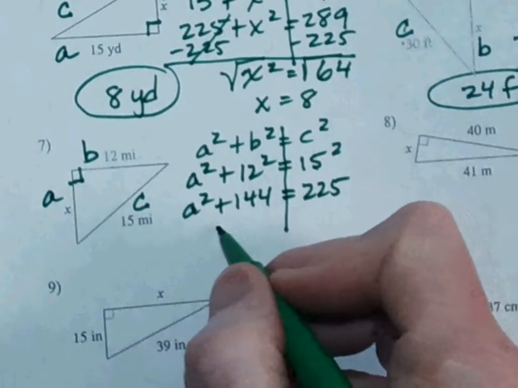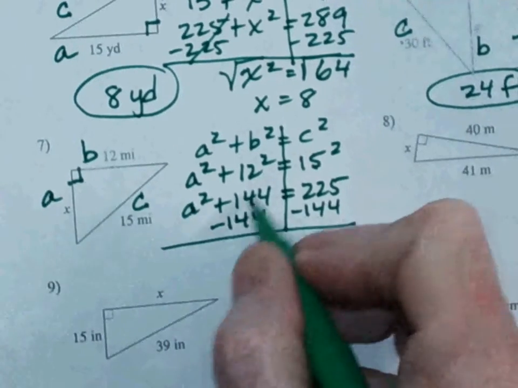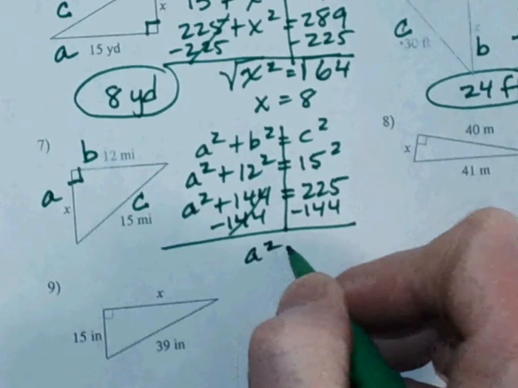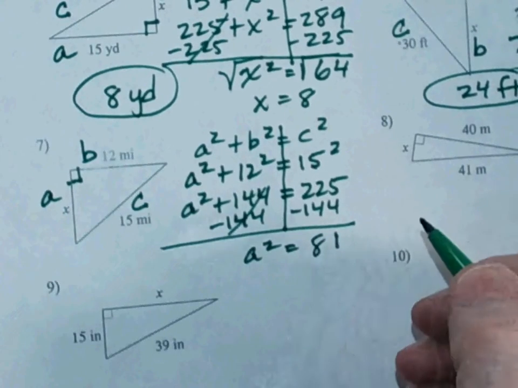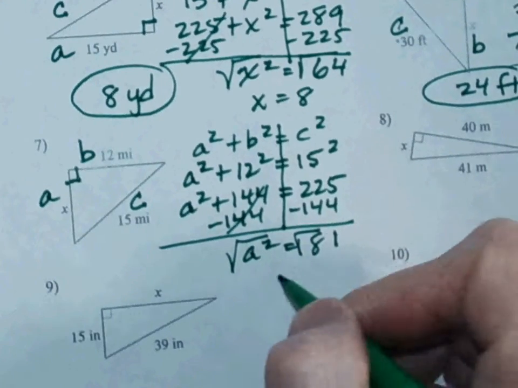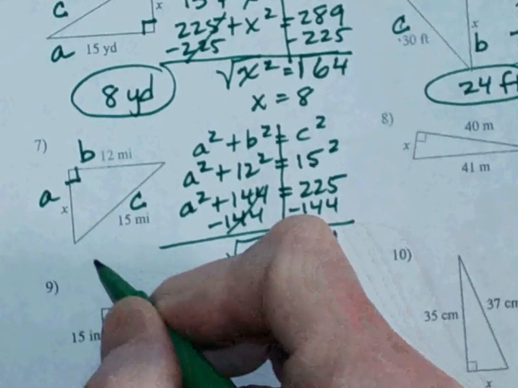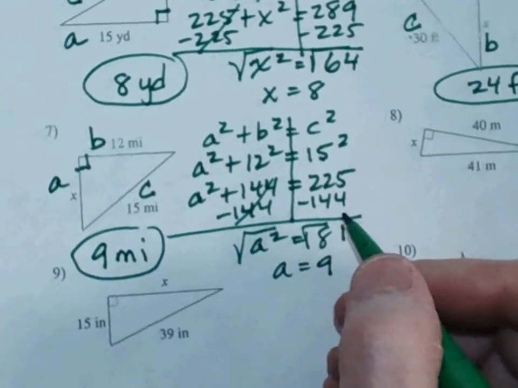Inverse operation, I subtract 144 from both sides. A squared equals 5 minus 4 is 1. It's 81. Square root of both sides. I get 9. The answer is 9 miles. I laugh because 9 miles is a long way.